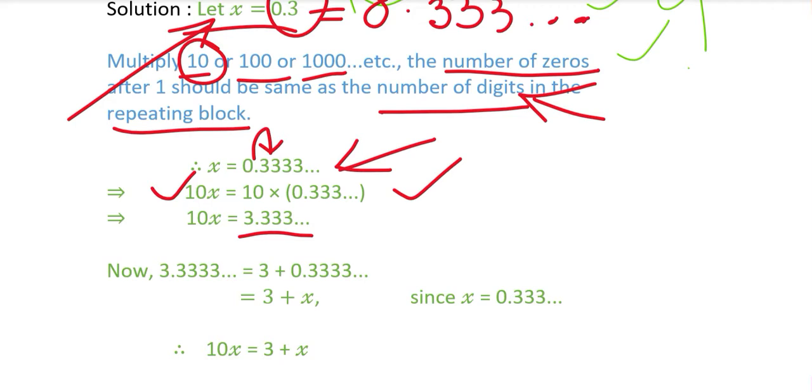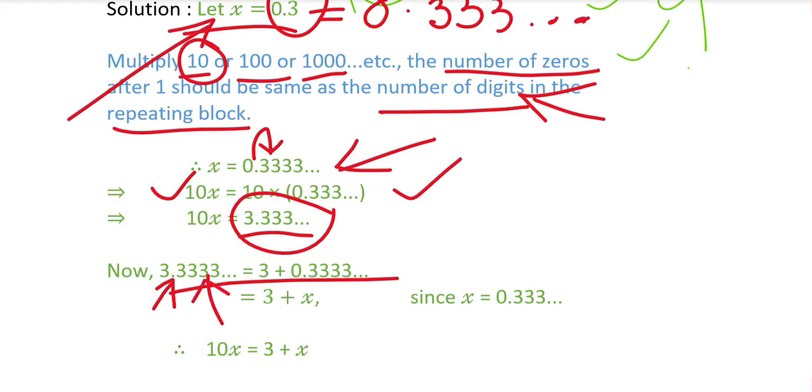Now this 3.3333 can be broken down, because it is nothing but the addition of 3 and 0.3333, right?